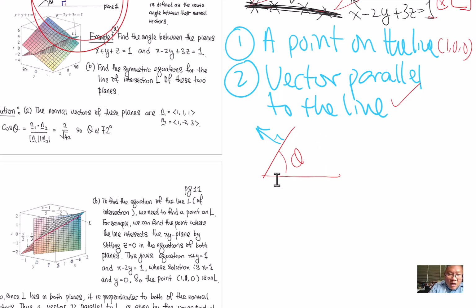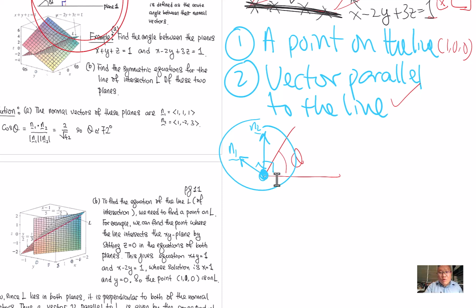So instead of writing it like this, I'm going to just move these two vectors. One of them I'm going to move here, and another one I am going to move here. Imagine that this is normal vector number 1, and this is normal vector number 2. When you cross these two vectors, you will have a vector coming out of the plane, coming out on the screen.